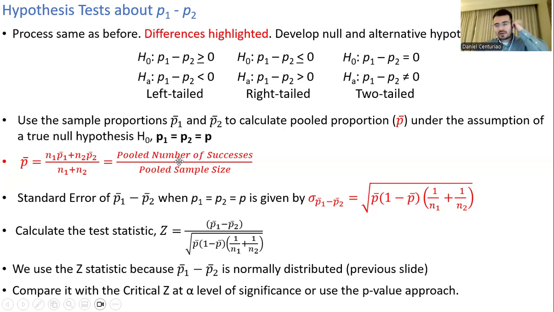Basically, let me give you an example to make it more clear. Let's say that the categorical variable defining the proportion is gender. So we have, let's say, boys and girls in the two samples. And the proportion in this specific case, as an example, that we are analyzing is boys, okay?